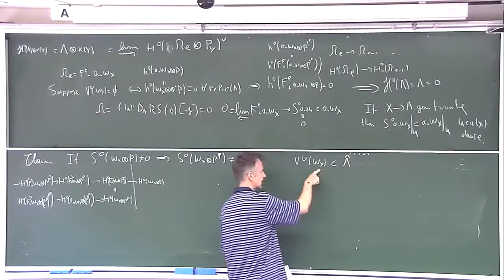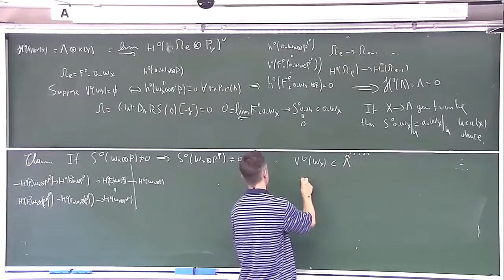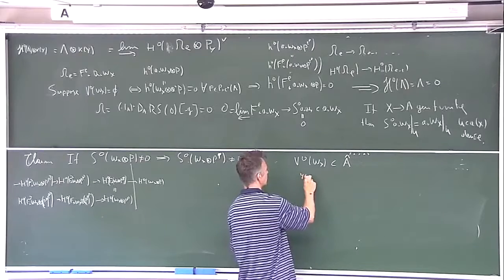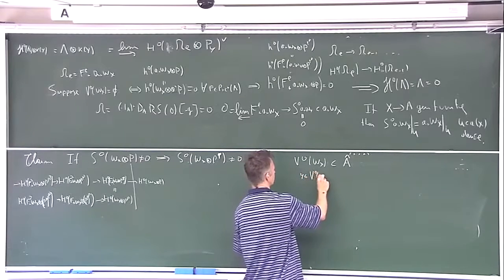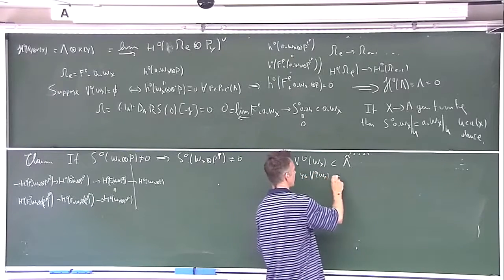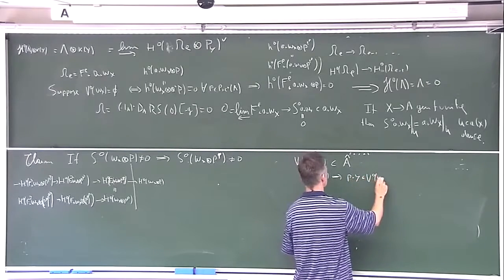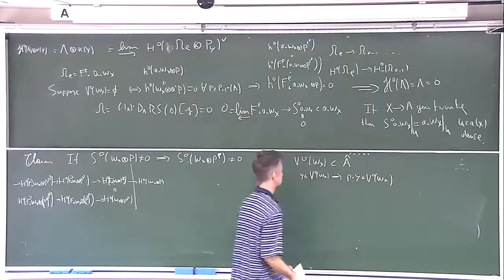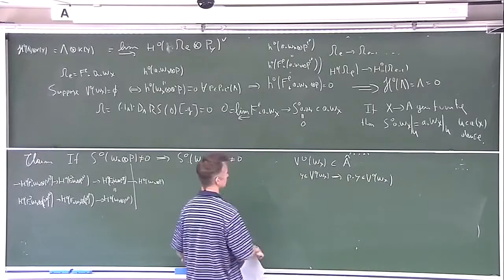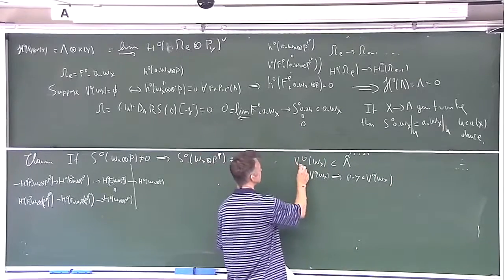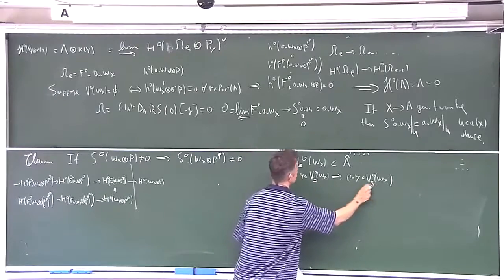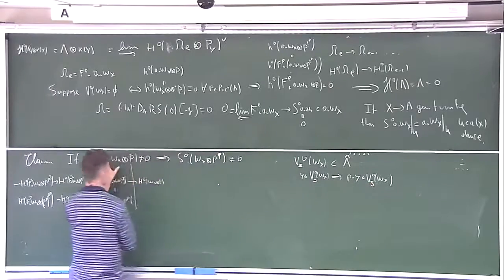This is a closed subset with the property that if y belongs to V0 of omega_X, then P times y belongs to V0 of omega_X. No, I don't want to call it V0, the stable version of V0: the set of points for which this number is not zero.